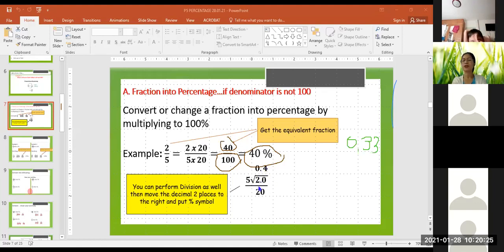Now you divide 20 by 5, so you get 4, and 4 times 5 you get 20, so 0 remainder. So your answer is 0.4.